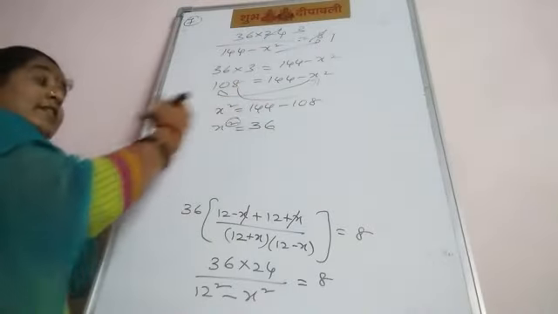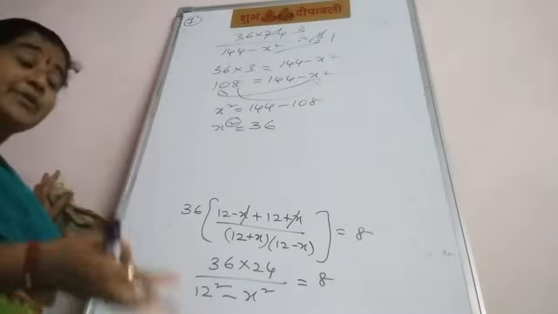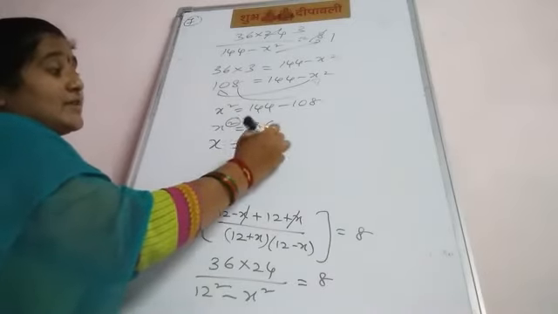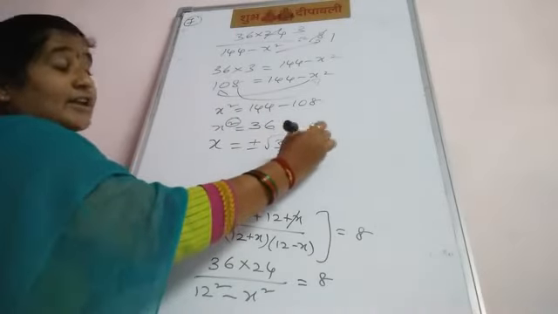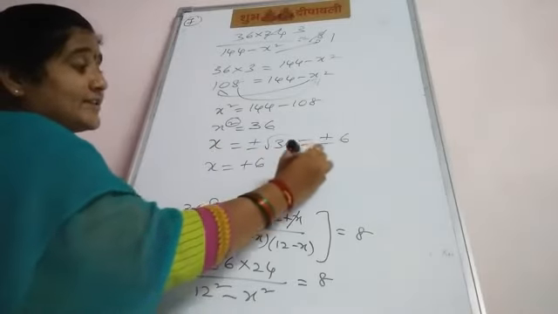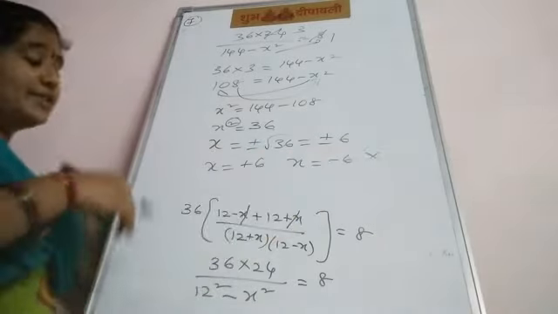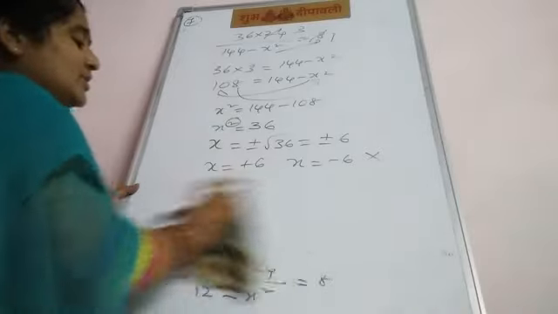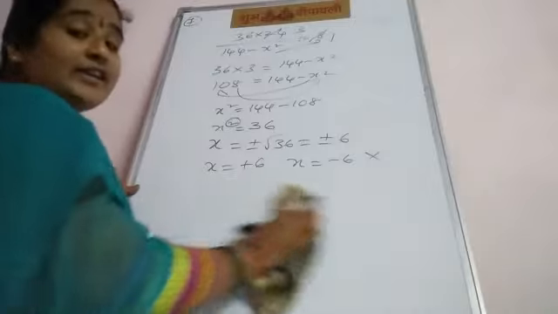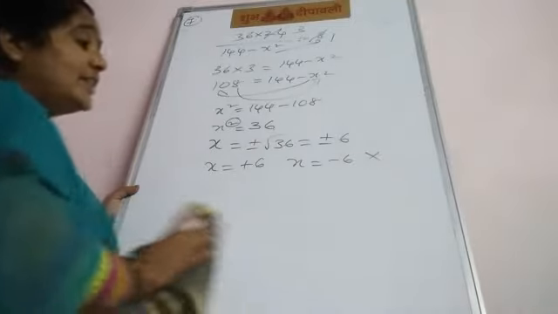Here a square is there. When you apply the square root, you need to write two signs, positive or negative. x equals plus or minus under root 36 equals plus or minus 6. x equals plus 6, x equals minus 6. The negative is neglected because speed, distance or time cannot be negative. What does he have to find? Speed of the water current.